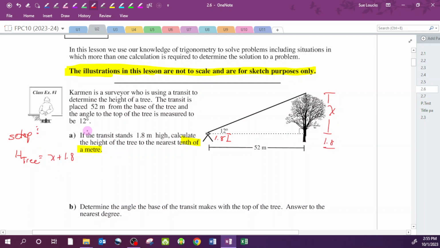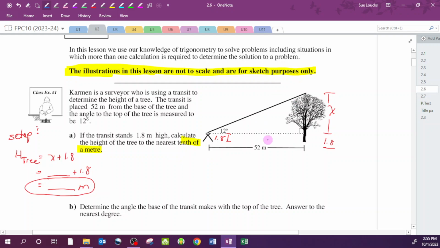So we've set that up here, something plus 1.8 equals something, and it's going to be in meters. When I have that filled in, I have my answer. It just saves you from forgetting about that 1.8. You don't have to keep it in your brain anymore.